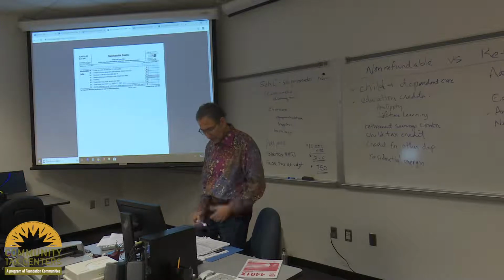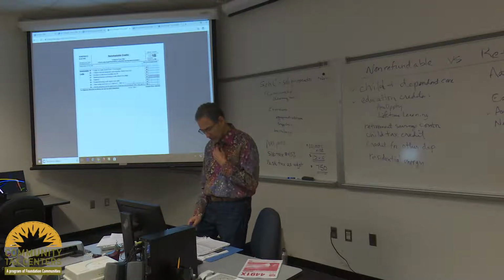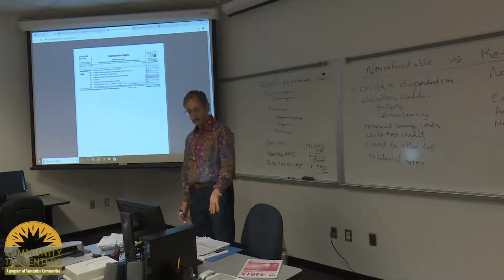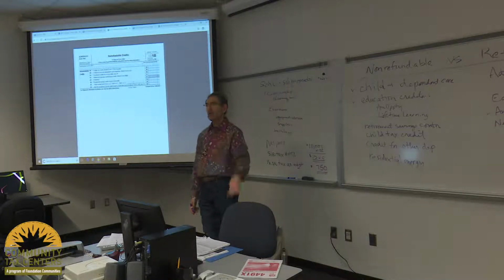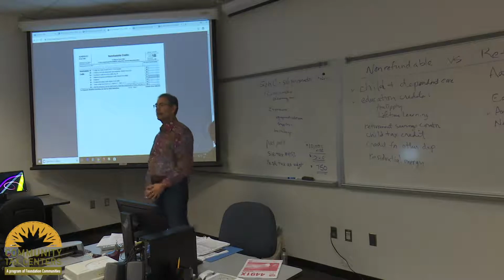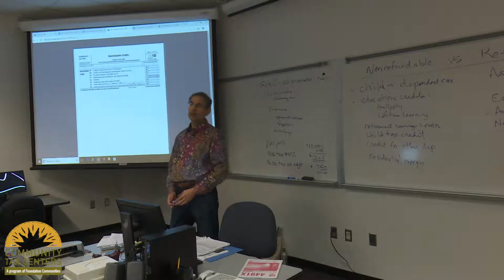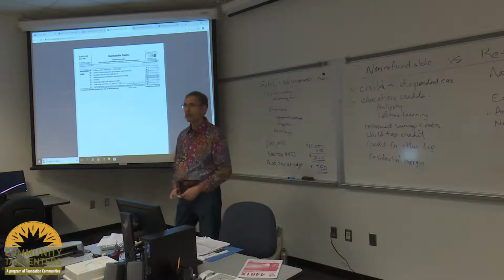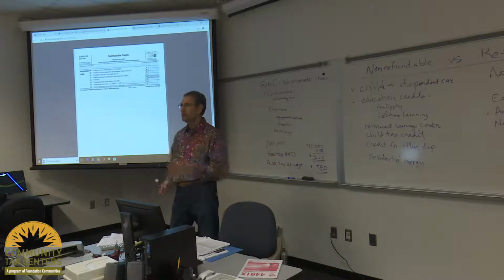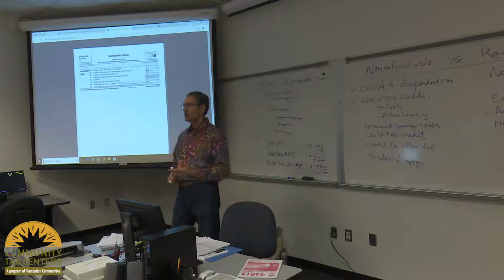And they didn't provide over half of their own support and live with the taxpayer for more than half the year. Remember, we saw all those requirements when determining whether they're dependent or not. So it's a repeat of some of those requirements as well. But the leading drivers in this are a Social Security card and under the age of 17.